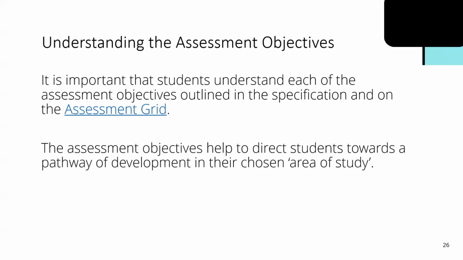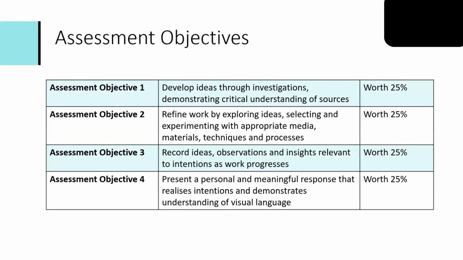You may use the link to the assessment grid in the slide. As you can see, each assessment objective is equally weighted with 25% allocated for each component. Due to the 50-50 weighting of each component, each assessment objective is worth 12.5% overall.